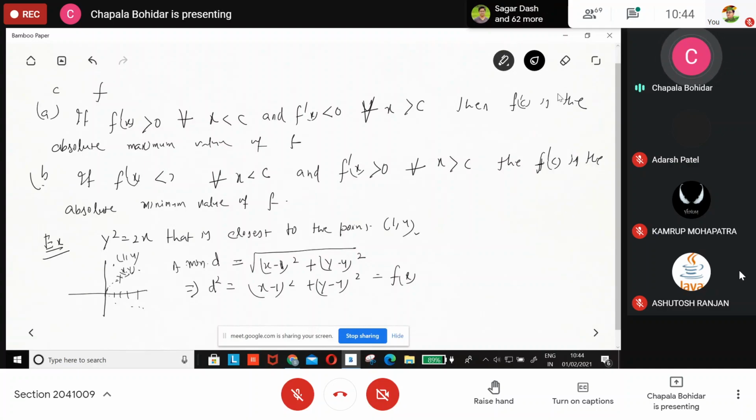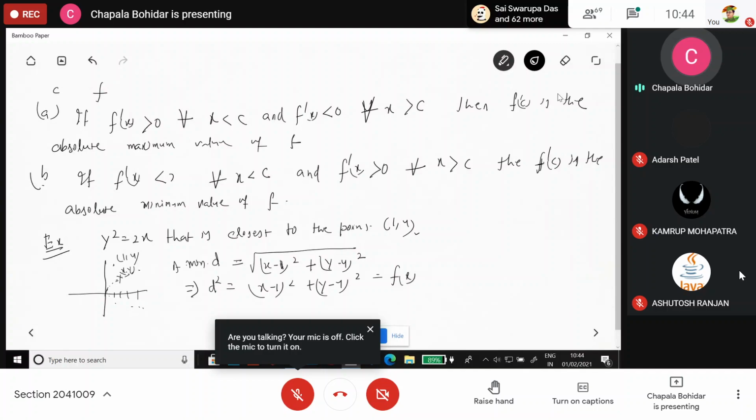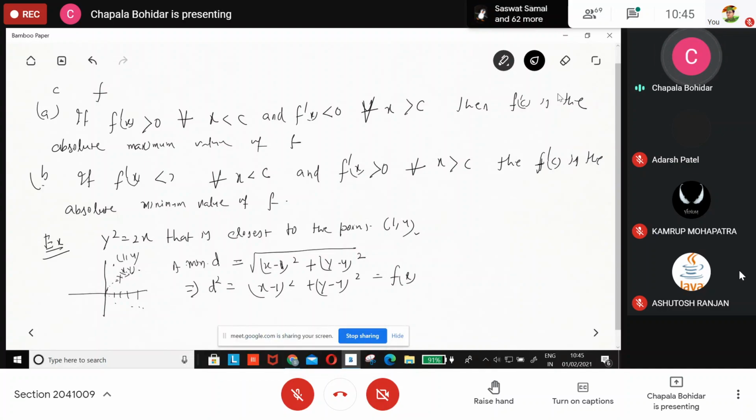What is the condition given? It is y square is equal to 2x. Since it has two variables, we have to convert it into a function of one variable.